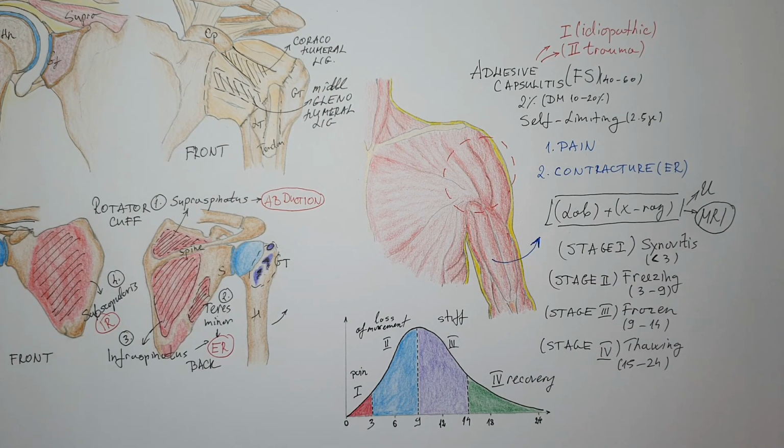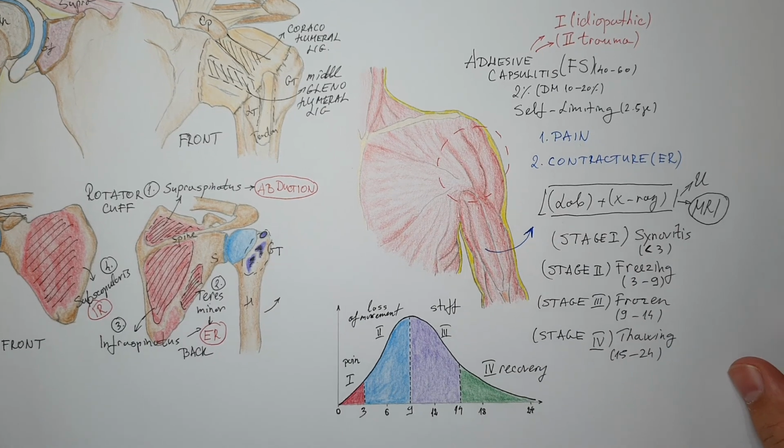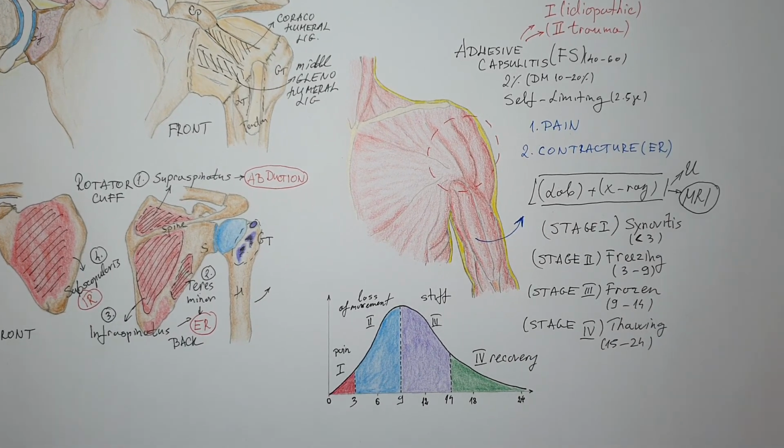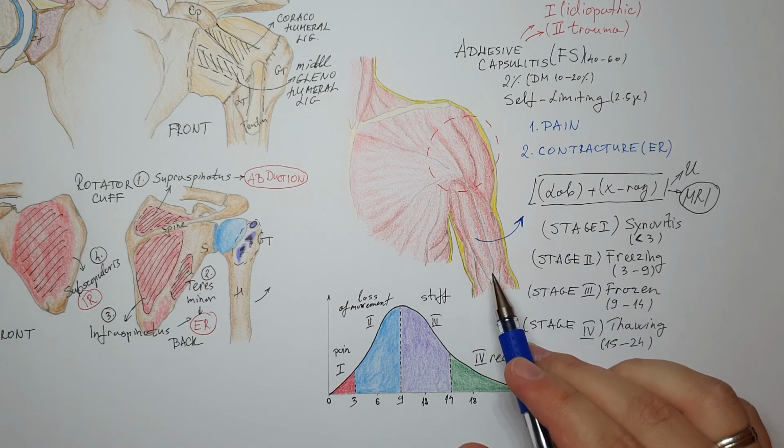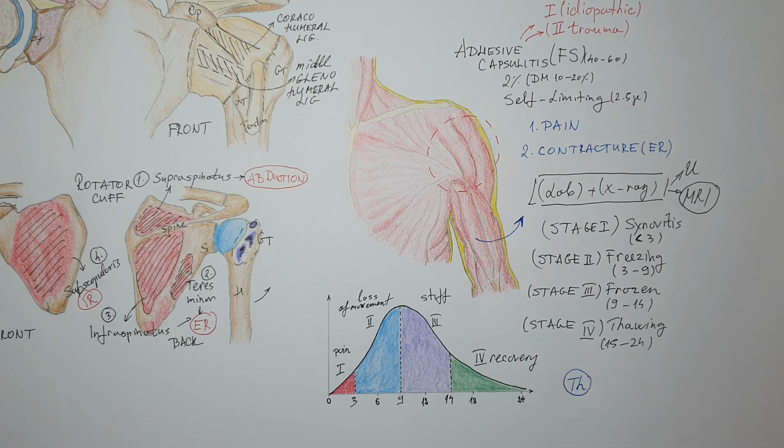The treatment for frozen shoulder, so basically it is a self-limiting disease, but because there could be complications once the disease passes, limitation of movement and contracture, we should treat this disease with pain medication.